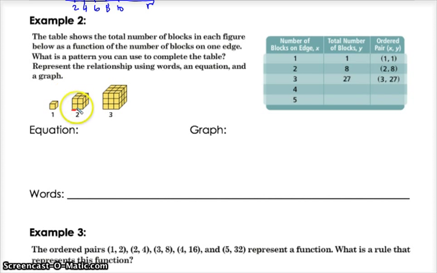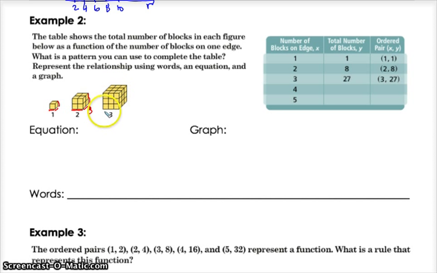So let's kind of look at what's happening here. It looks like I'm really finding the volume. So if I look, I have the length, the width, and the height. So that's 1 times 1 times 1 to find this first block. In the second, I've got 2 times 2 times 2, and that gives me 8 total blocks.